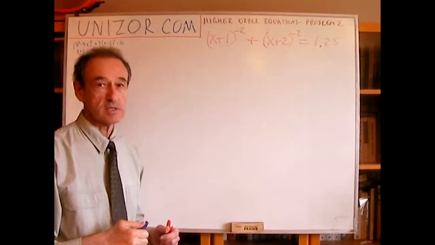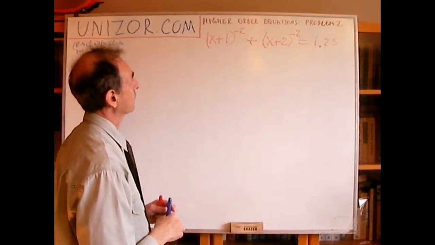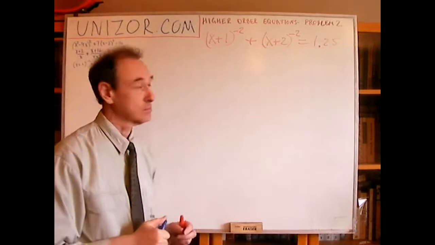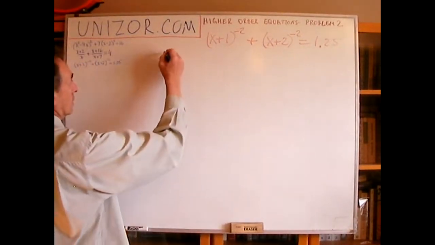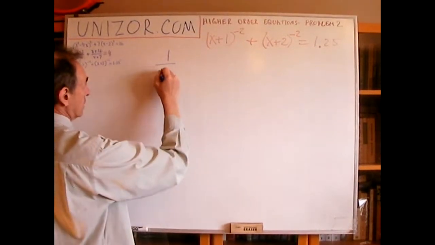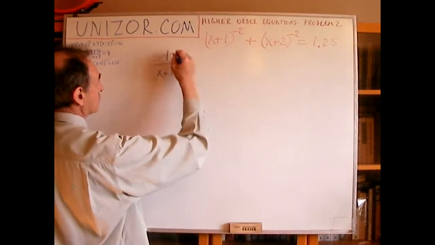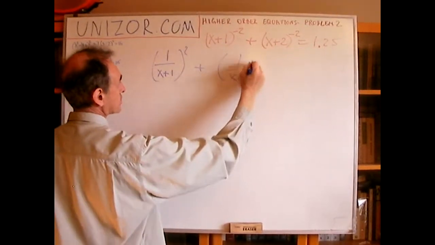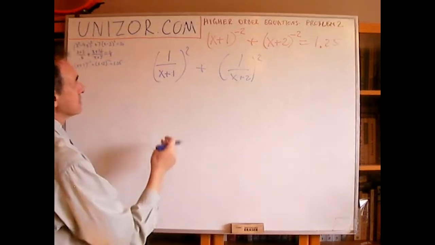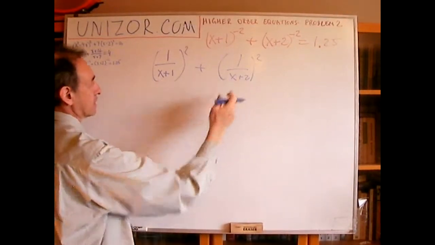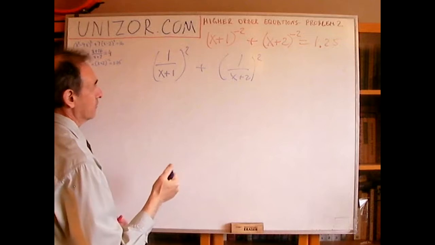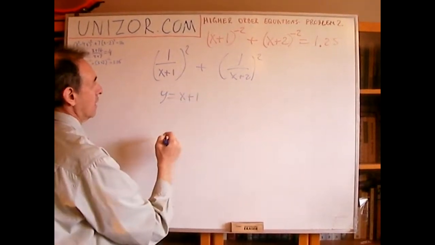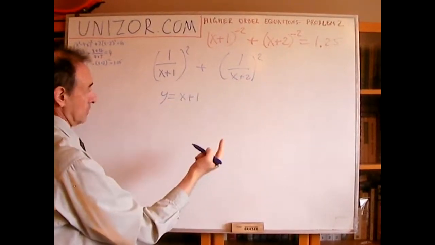I think it would be easier if I will use substitution. This would be 1 over x plus 1 squared, and this would be 1 over x plus 2 squared. Now, it would be easier if instead of x plus 1 and x plus 2, I would make a substitution. y is equal to x plus 1, and then x plus 2 would be y plus 1, right?